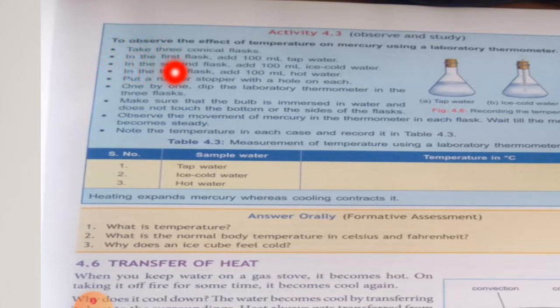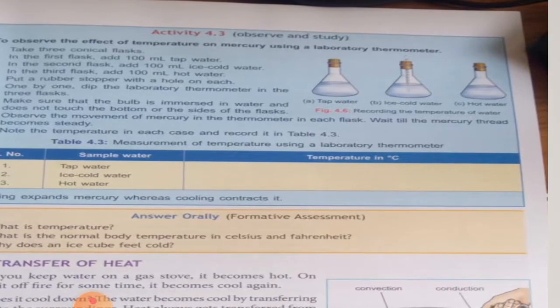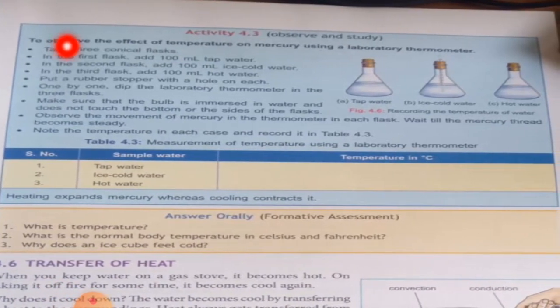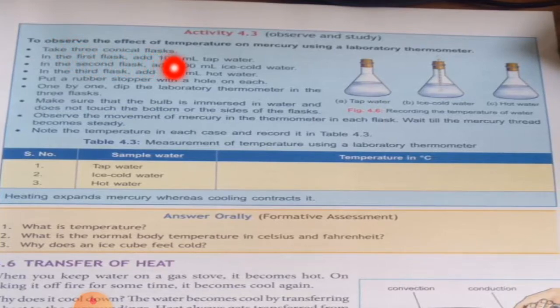In the first flask, add 100 ml tap water. Here you all can see the figures. Now in the second flask, you have to add 100 milliliter ice cold water, and in the third flask you have to add 100 milliliter hot water.